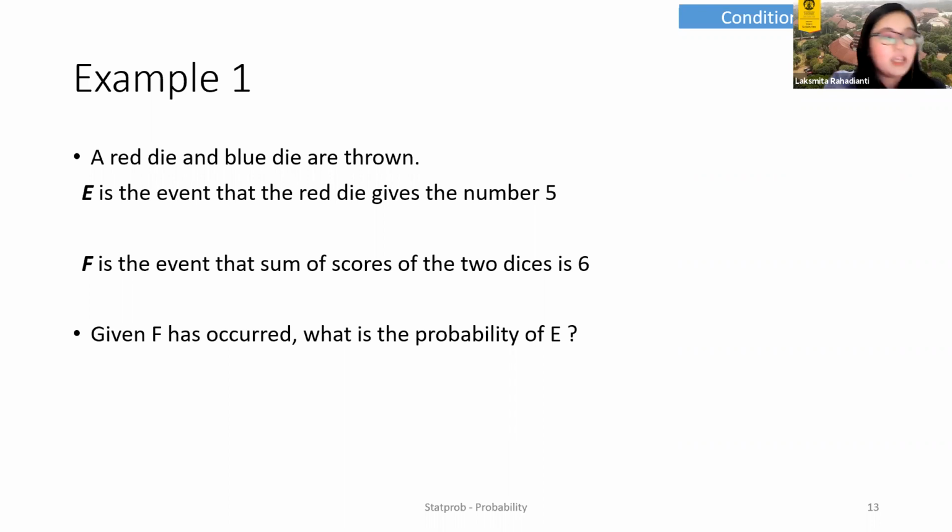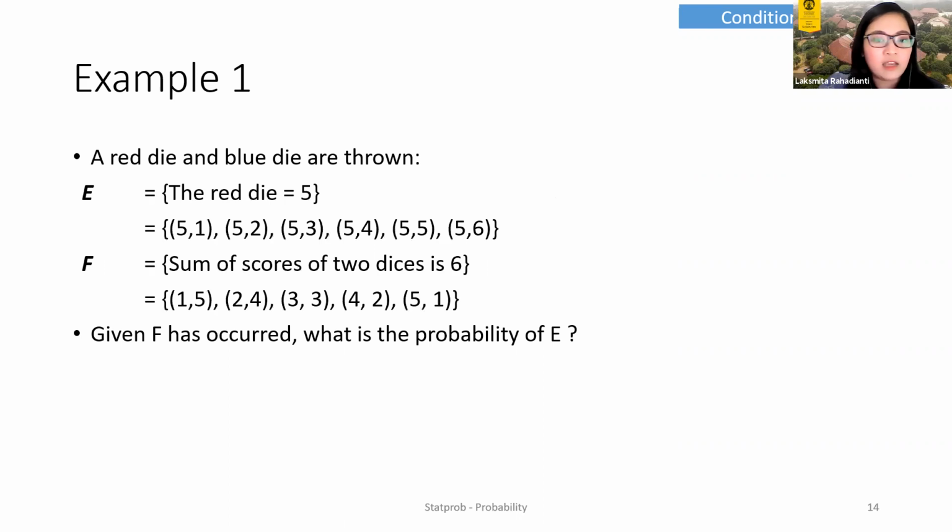Here it was already done for you. It says E is the event that the red die gives the number 5. F is the event that the sum of scores of the two dice is 6. So we are going to write each of these events correctly. So here is the event E, and here is the event F.